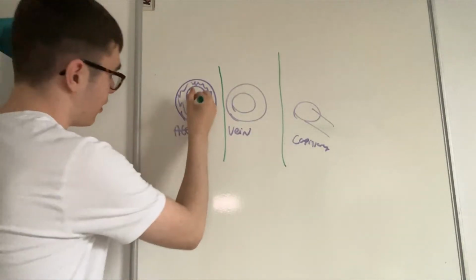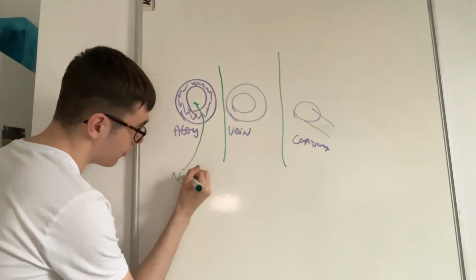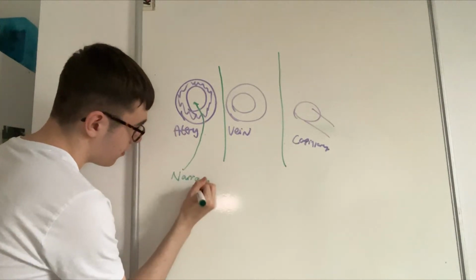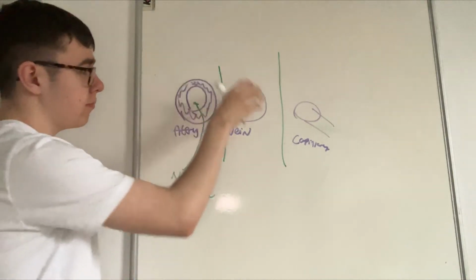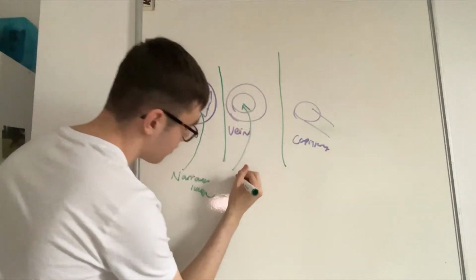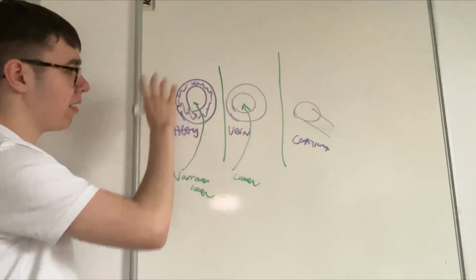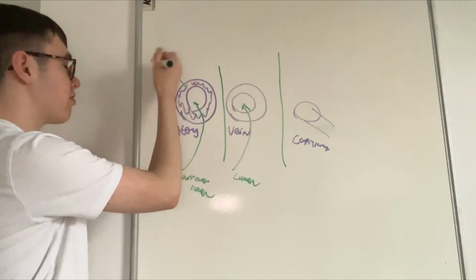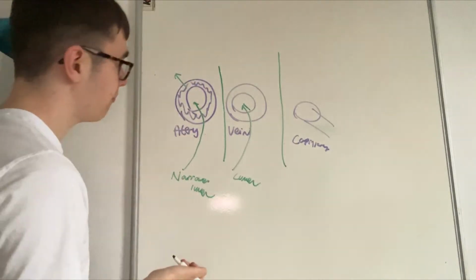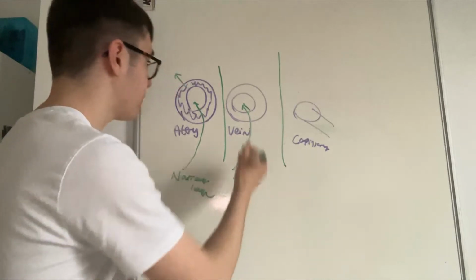Number 1 is the fact that the arteries have a narrower lumen. Basically, lumen is like the interior bit of the blood vessels. Then obviously, arteries have thicker, muscular and elastic tissue because they need to be able to withstand higher pressures, higher blood flow.